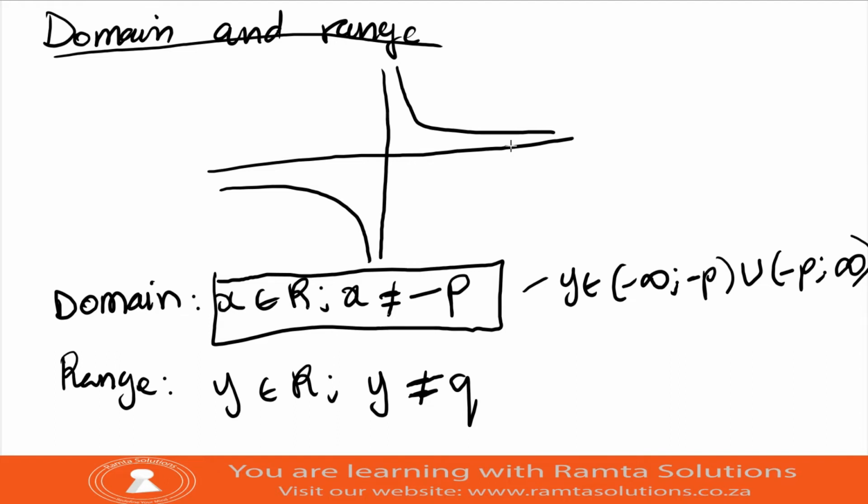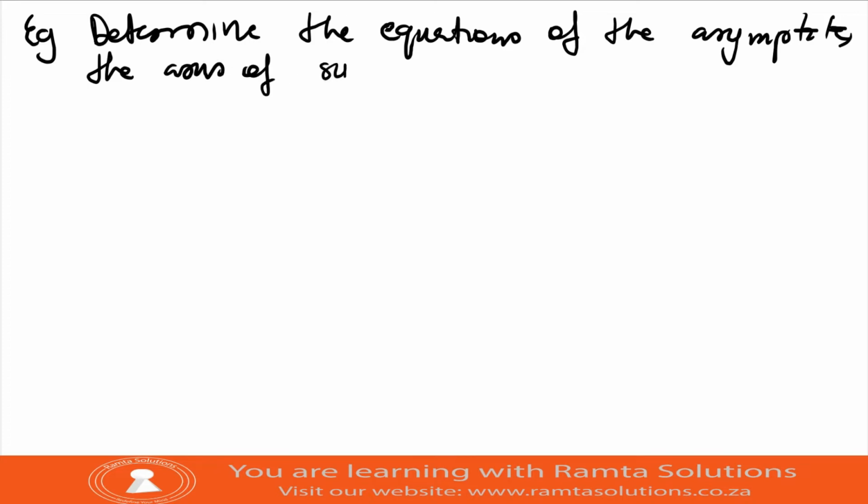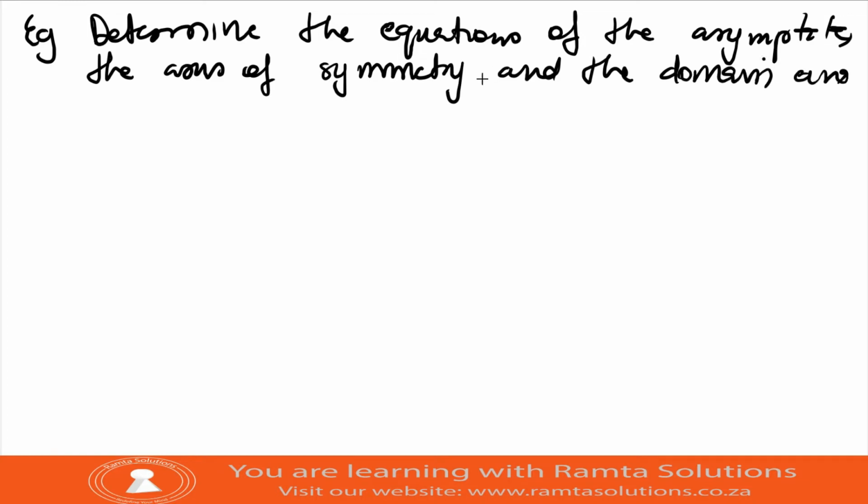So let me give you an example. Determine the equations of the asymptote, the axis of symmetry, and the domain and range of the following.